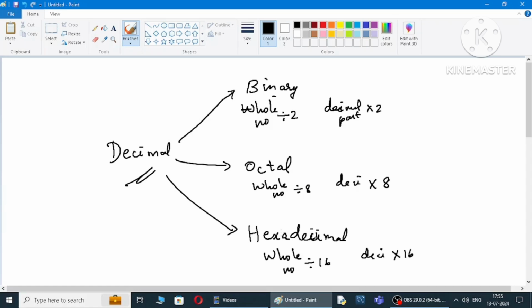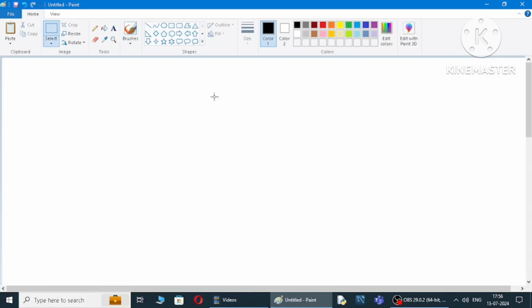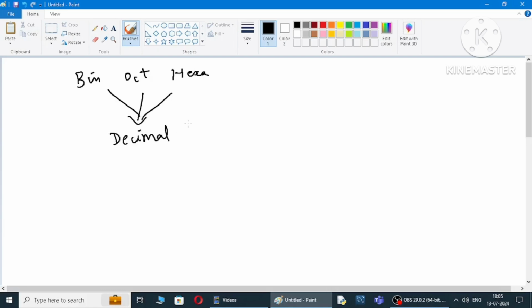Right? Now we'll see how to do the vice versa, from binary to decimal, octal to decimal, hexadecimal to decimal. Now we'll see how to convert binary, octal and hexadecimal numbers to decimal. Right?